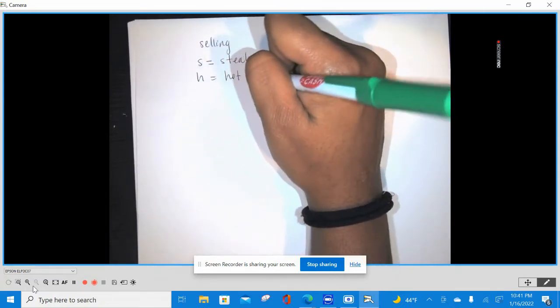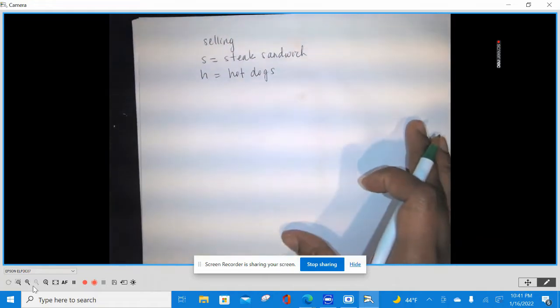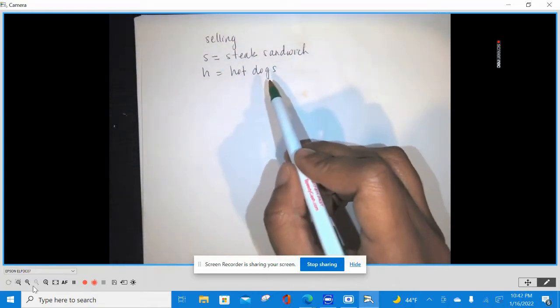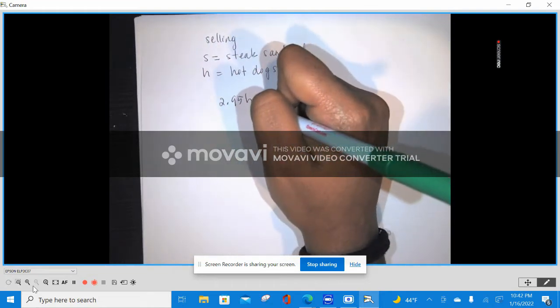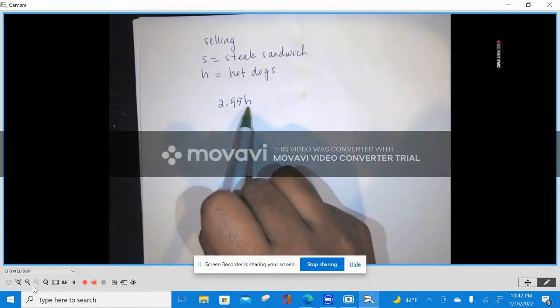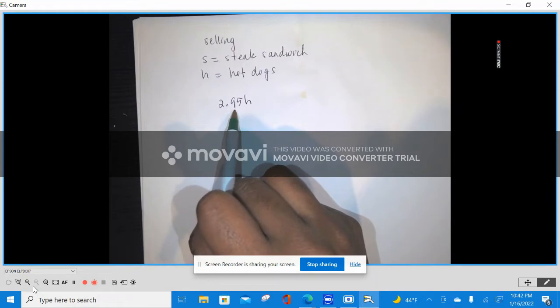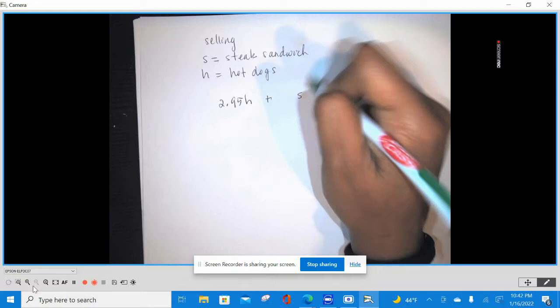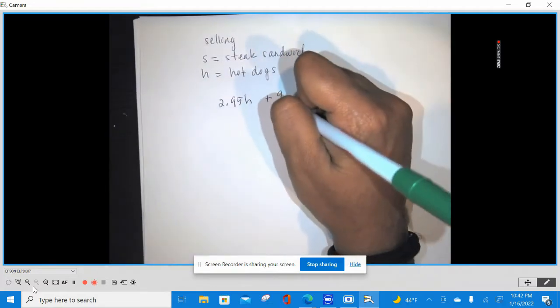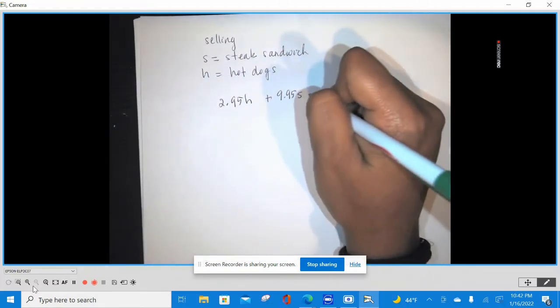Okay. I may have to toggle back and forth. Okay, for the hot dogs, they were $2.95 each. So $2.95 times each. So for the number of hot dogs that he sells, someone's going to give him $2.95 per hot dog. For the steak sandwich, which is S, I want to say it was $9.95. Yeah, that number rings a bell.